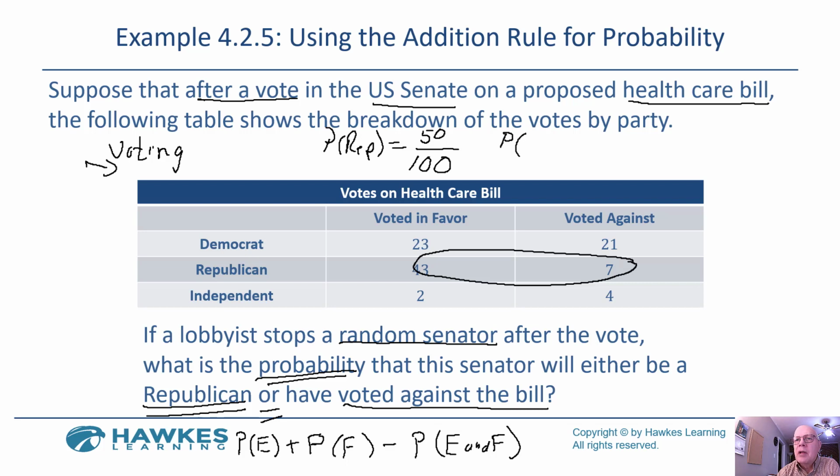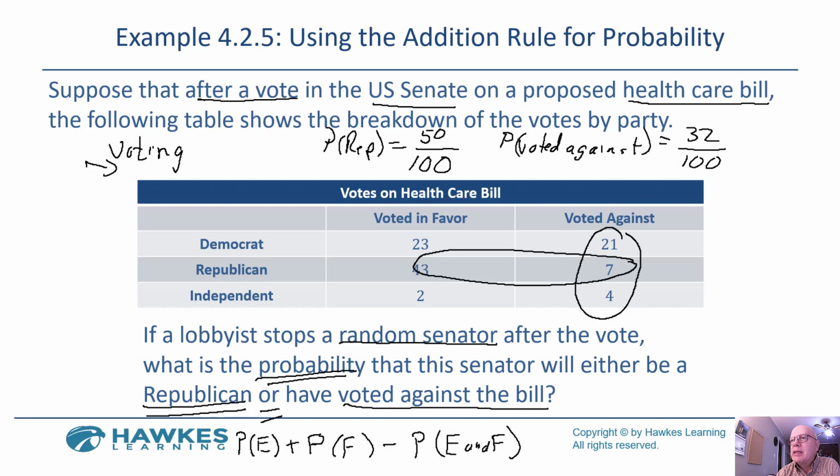Also, the other probability is voted against the bill. How many voted against? Well, down here, this is the column for the ones that are voting against it. You've got 21 plus 7 plus 4, 32 votes against. So voted against, we have 32 voting against, and again 100 senators.